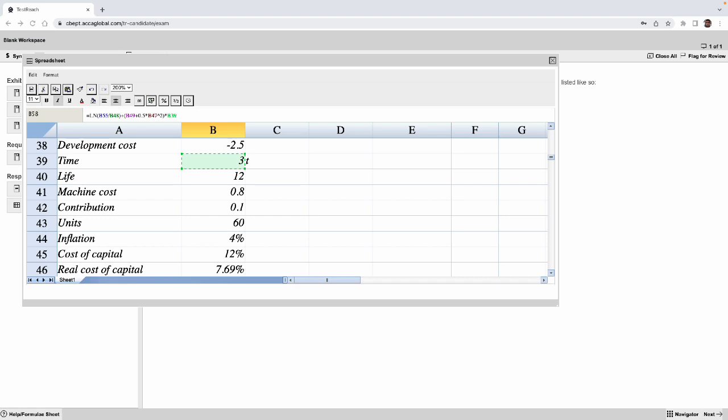Are we okay so far? Let's put all this into a bracket.